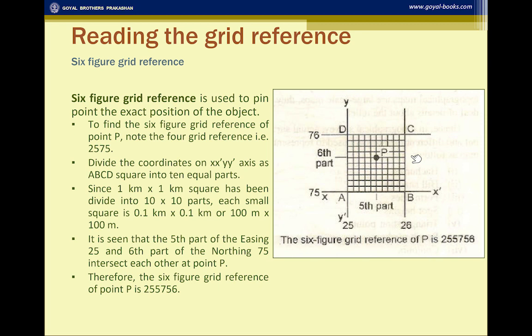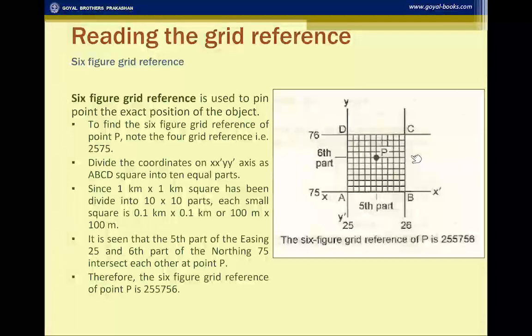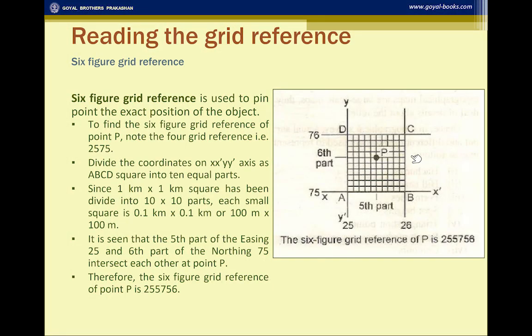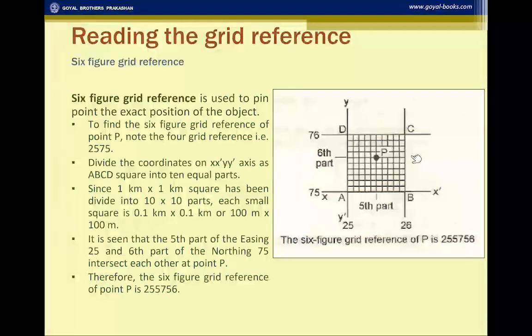So, here on this P point, the 5th part of the easting and the 6th part of northing are intersecting each other. Now, to find out the 6-figure grid reference, we see 255 and 756. This gives us the 6-figure grid reference of point P. You have to really practice on this to get the correct 6-figure grid reference.